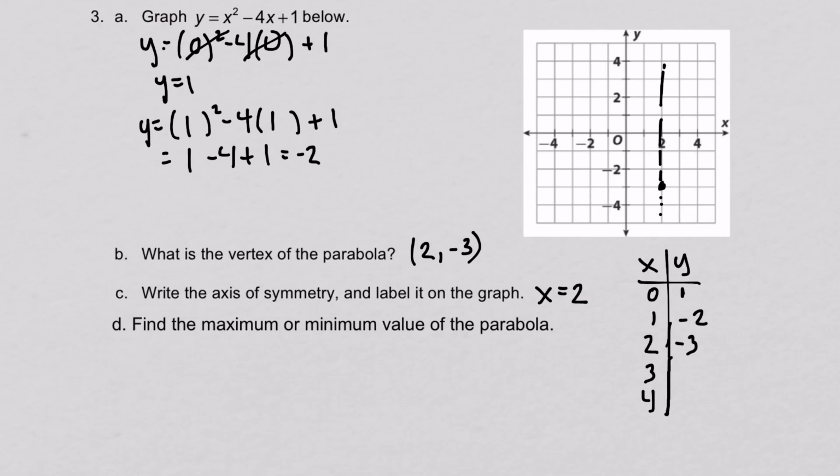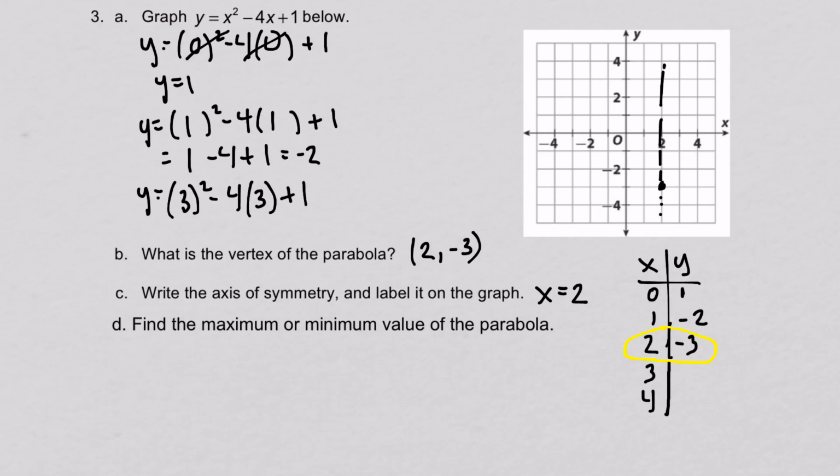Okay, plug in 3. Now, since this is a parabola and this middle term is the vertex, I should repeat the same numbers again, but just to double check, I'm going to plug in 3. I should get -2 because the numbers do repeat in a parabola.